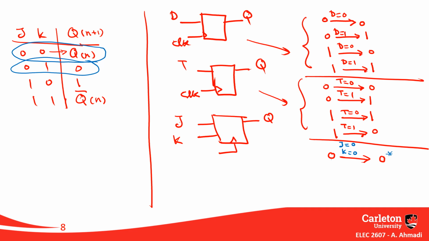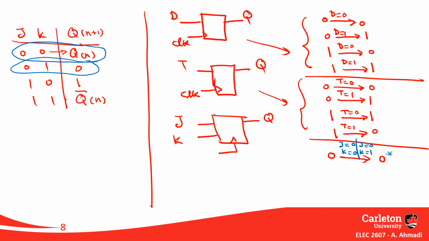So if you apply 0 1, your next state will be 0. So that one is also an answer: J equal to 0 and K equal to 1. Two different combinations will give you the answer.